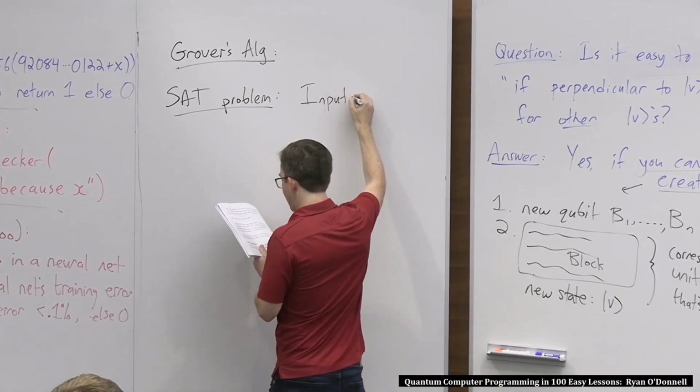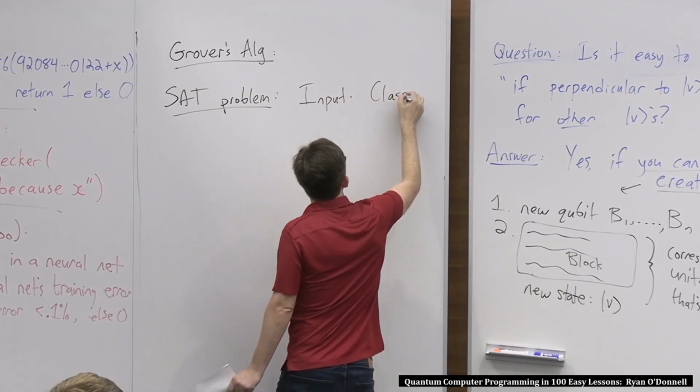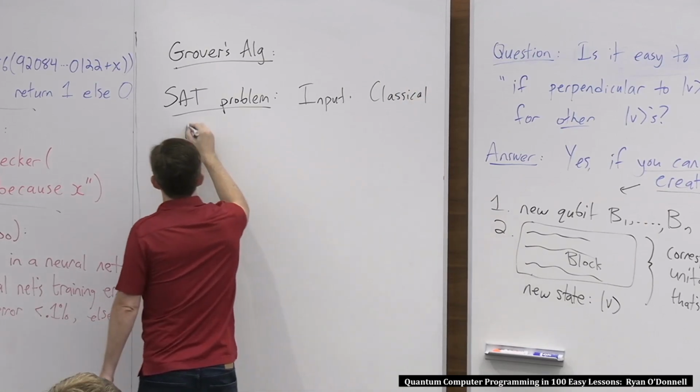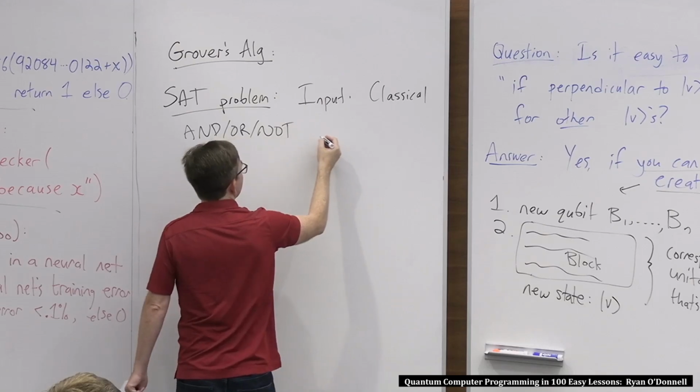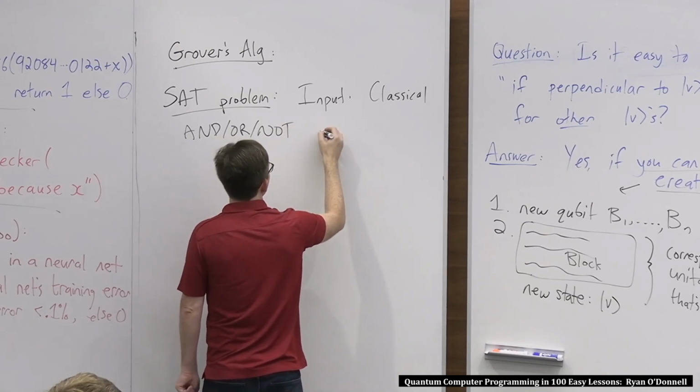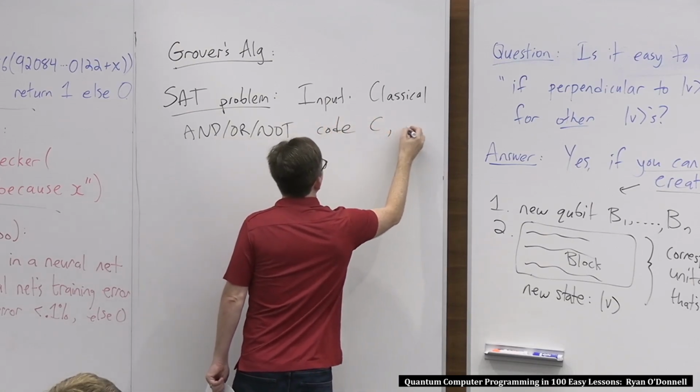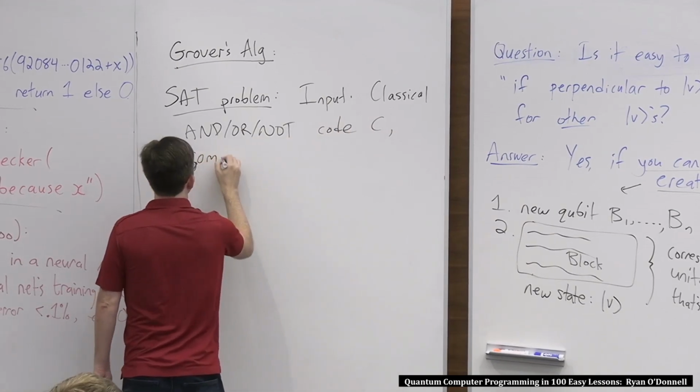So just to repeat, the input is like classical AND, OR, NOT code, or really can be any code, because you can convert any code into AND, OR, NOT code. C, computing some Boolean function f.